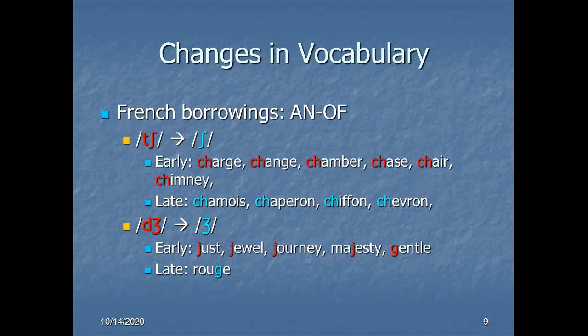So early words, taken from Old Norman, would be charge, change, chamber, chase, chair, and chimney, whereas the later borrowings, chamois, chaperon, chiffon, and chevron, have partaken of that transformation in Old French that Anglo-Norman did not participate in. Similarly, if we want to take a look at the voiced version of that consonant, we have the earlier words coming from Anglo-Norman, just, jewel, journey, majesty, gentle, but the later borrowing rouge coming from continental French.